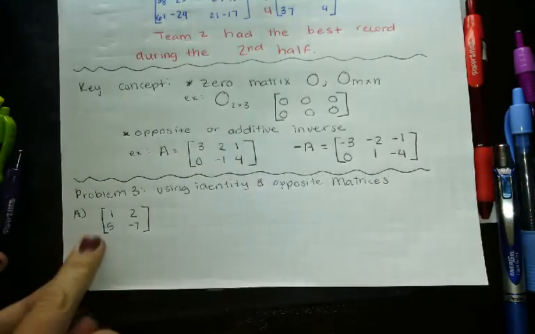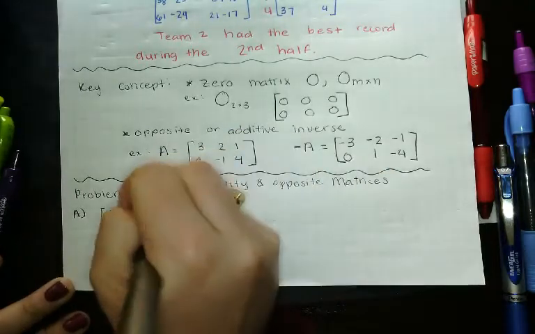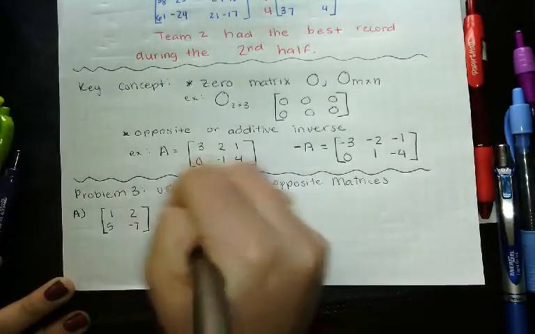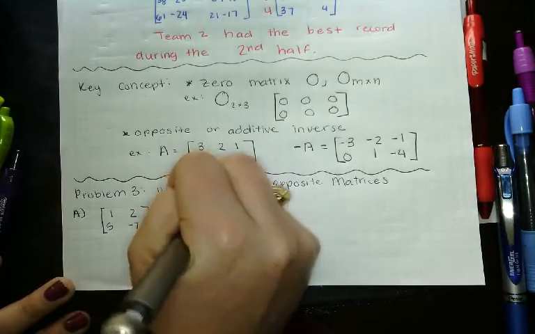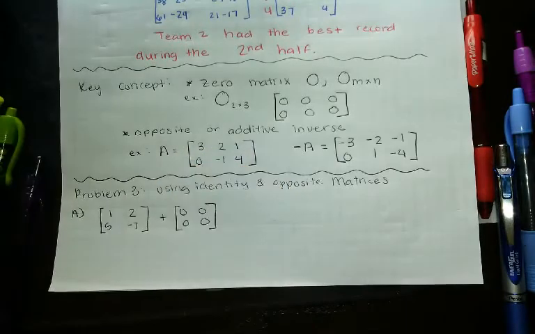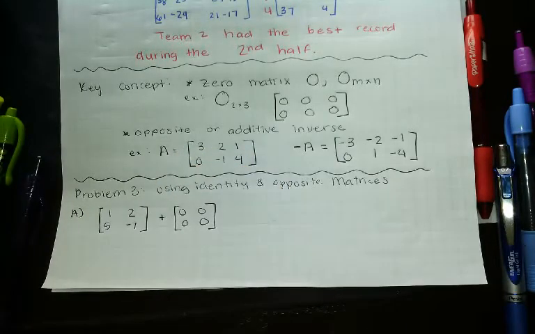So this is a 2 by 2 plus another 2 by 2, but it's the 0 matrix of a 2 by 2.